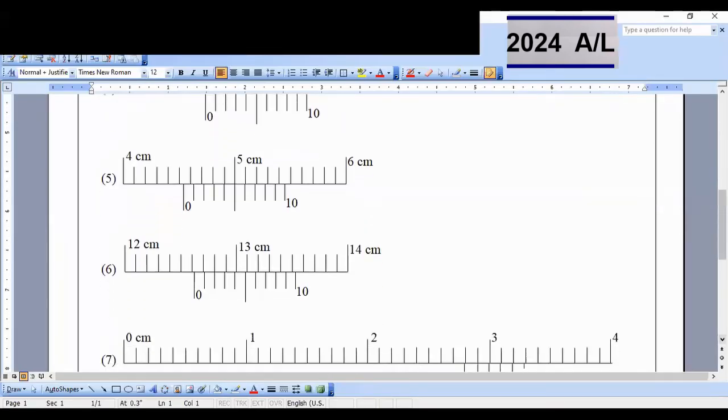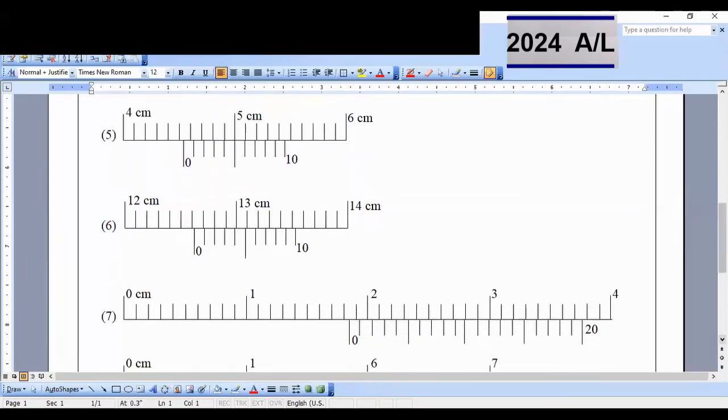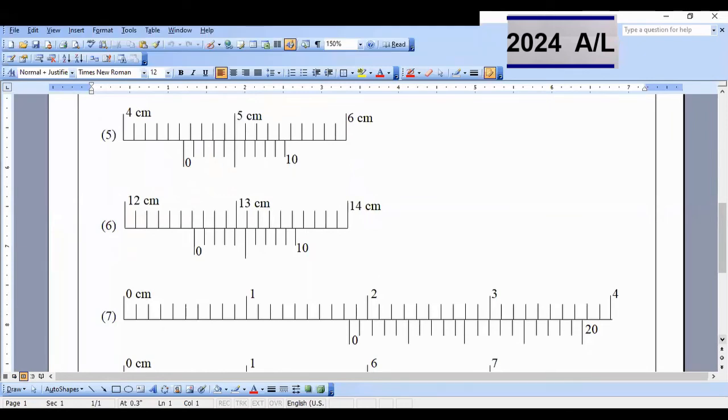Right, question number 5. Can you see it? Yes, sir. From question number 5, we are not going to draw figures. For questions 5 and 6, we are going to take screenshots. Let's use the technology.